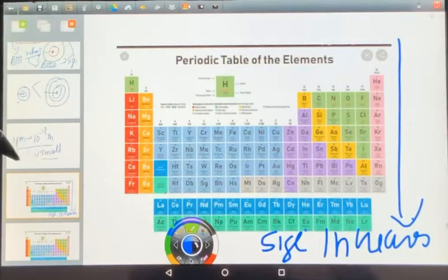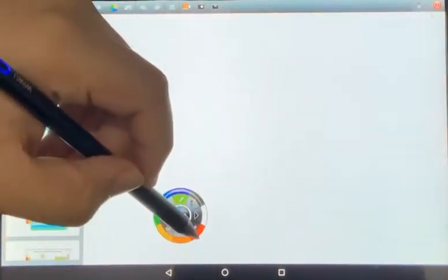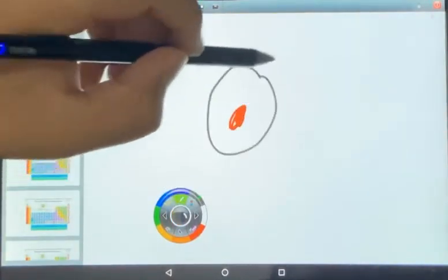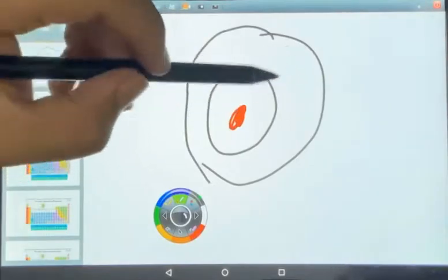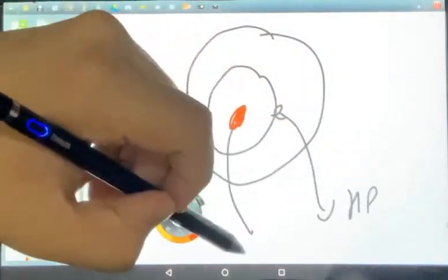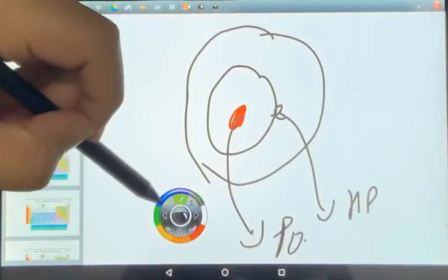So I'll just explain it with the help of the diagram once again. This nucleus which is there in the atom is positively charged, और इसके आसपास घूम रहे हैं electrons which are negatively charged. So this is negative and this is positive. Okay, this is attracting this.